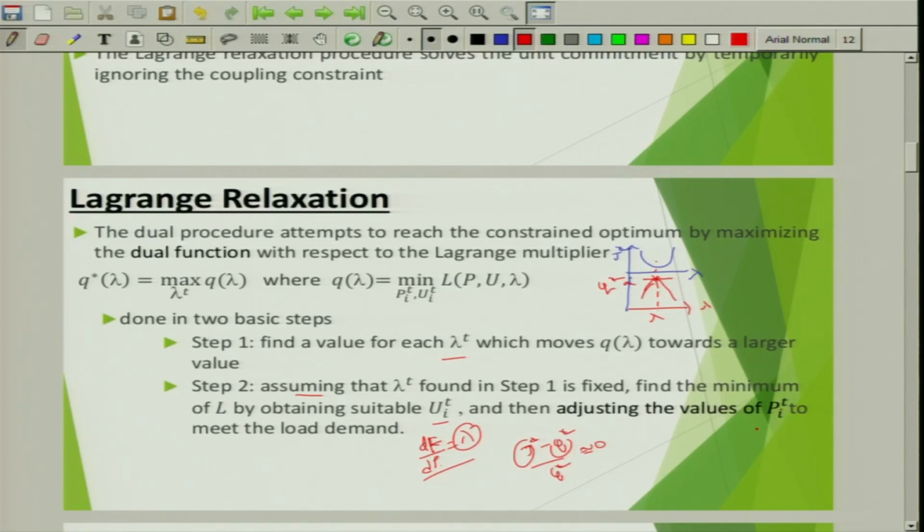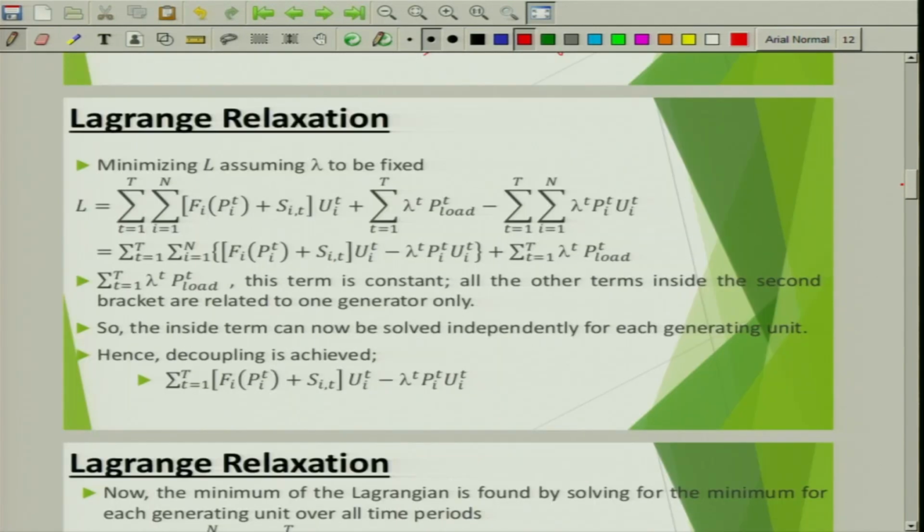So you see here, find the minimum of L by obtaining suitable u_i and then adjusting the value of P_i to meet the load demand. Now here is the proof of why they are decoupled. Minimizing the Lagrangian assuming lambda to be fixed, right? This is your Lagrangian function, with total generation, the number of generators considered for the entire time interval.